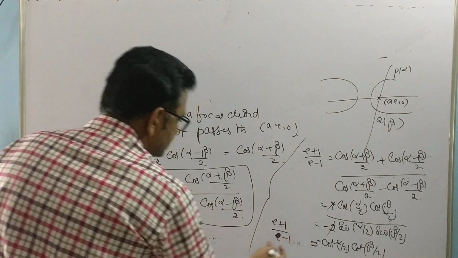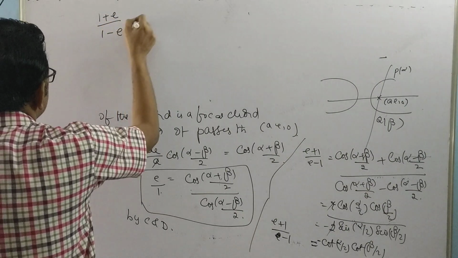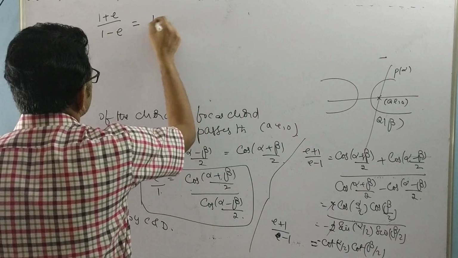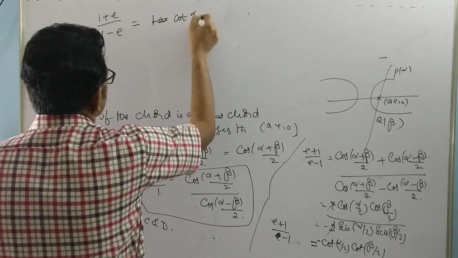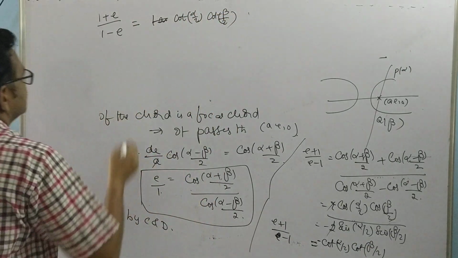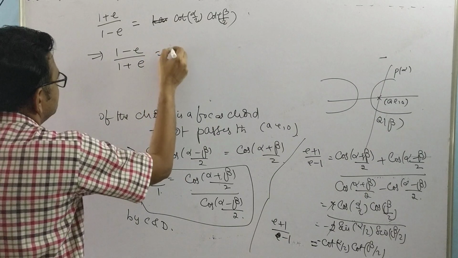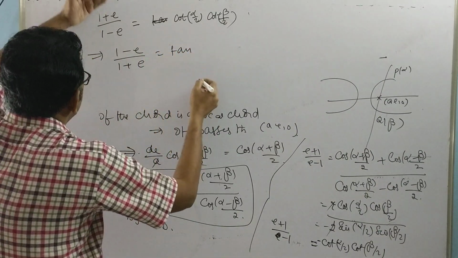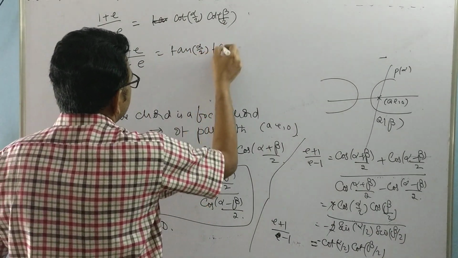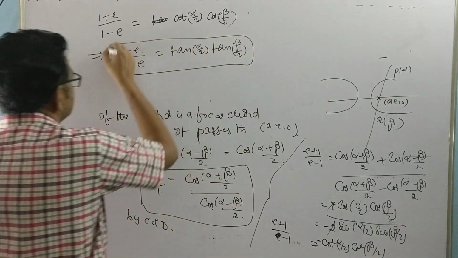If you take minus common, the numerator is 1 plus E by 1 minus E, equal to minus common. There also the minus gets cancelled. So this is cot alpha by 2 into cot beta by 2, which implies 1 minus E by 1 plus E is equal to 1 by cot, that means tan alpha by 2 into tan beta by 2. So this is one result.